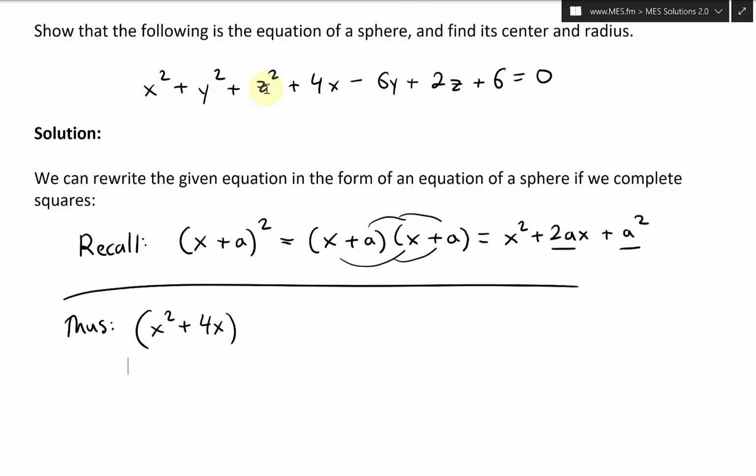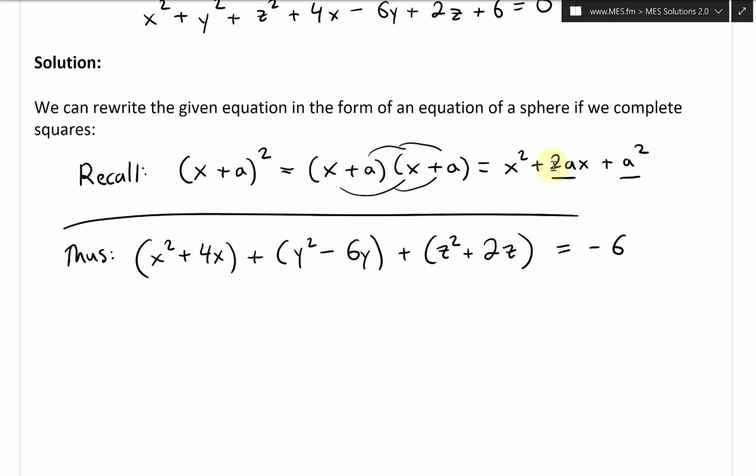Then the next one is y squared minus 6y, and then z squared plus 2z. And this 6, we're going to move over to the other side. It's going to be negative 6.